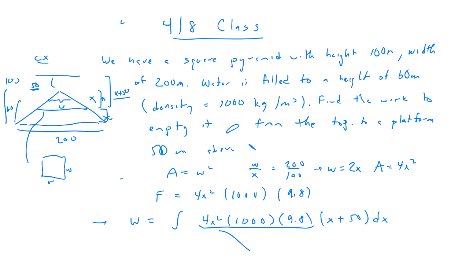And now we need the limits. And here's where we remember that what we're doing is moving the pipe down from the top, and the lower limit will be where we first hit water. So we get 40 to 100.